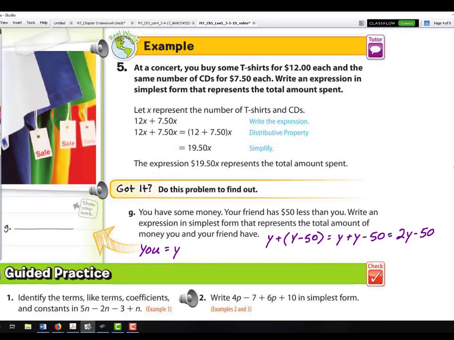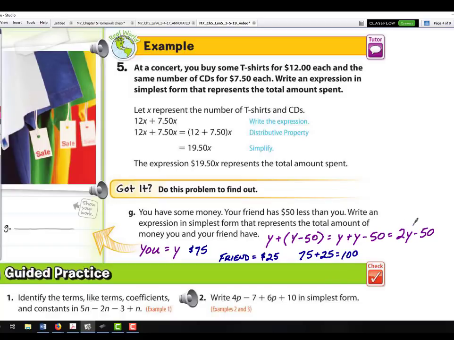One way to check this kind of work is to put a number in. Let's say that you had $75. If your friend had $50 less, then your friend had $25. So altogether, you and your friend would have $100.